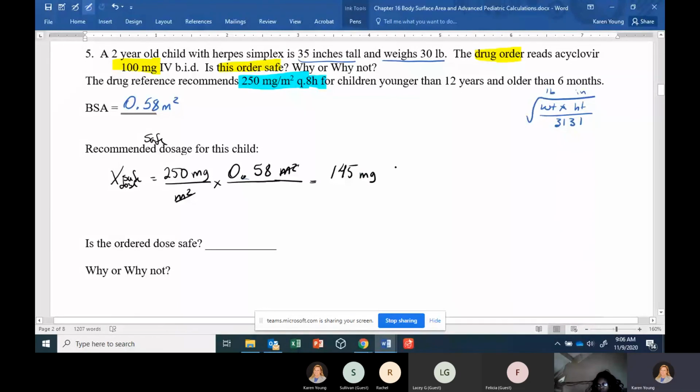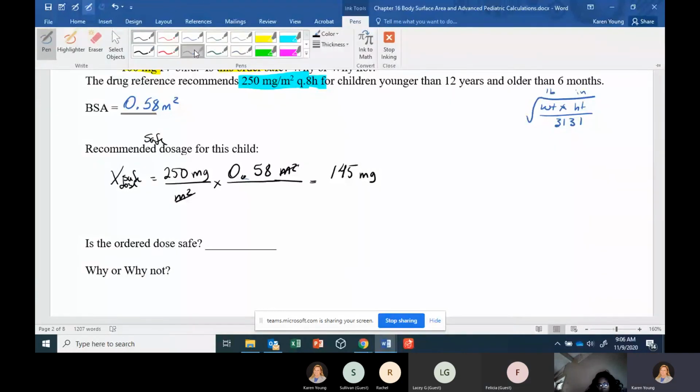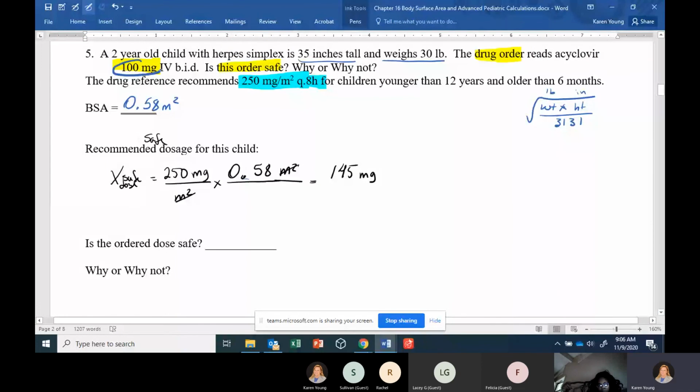Okay, so remember, this is my safe dose. Is my ordered dose safe? Yes, it is. My ordered dose is 100 milligrams. So 100 milligrams has to be less than or equal to my safe dose, which is 145 milligrams.